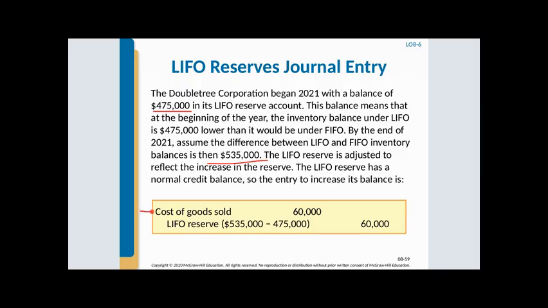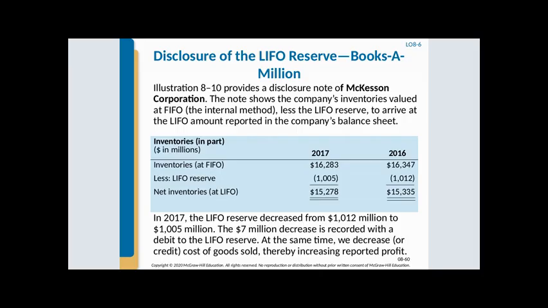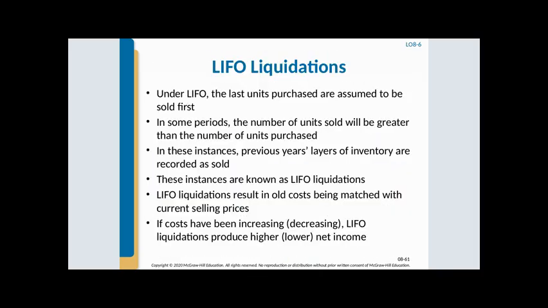So we're going to debit cost of goods sold and then credit this LIFO reserve. Okay, so we do that for external purposes to reconcile our internal and external. So this is just disclosure for using the LIFO reserve.